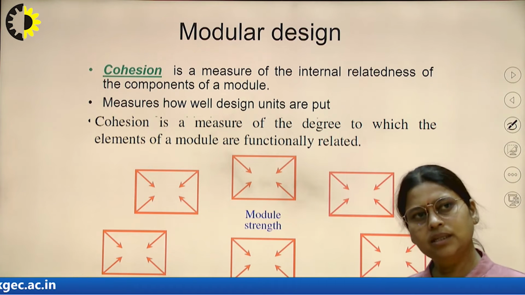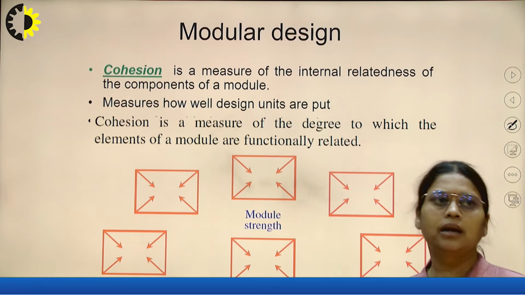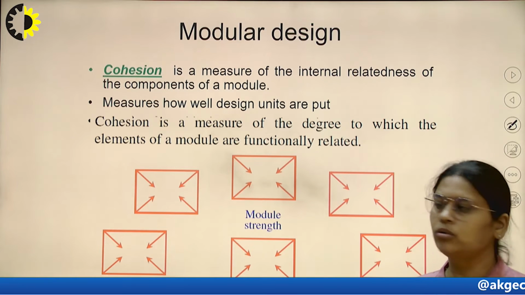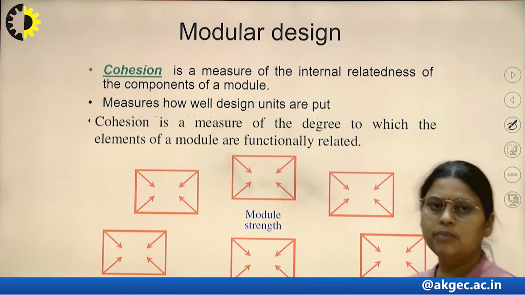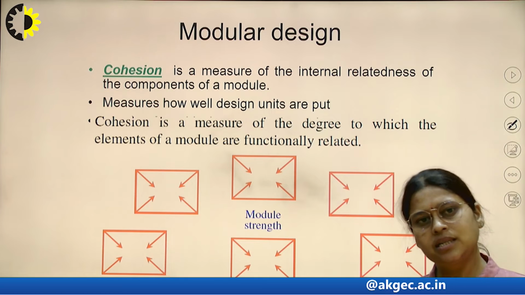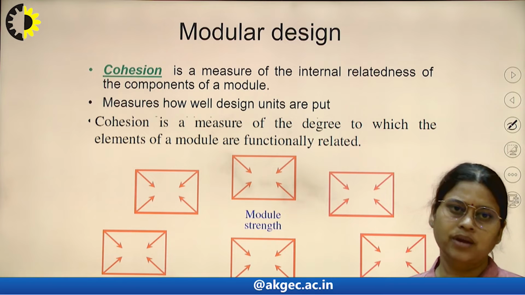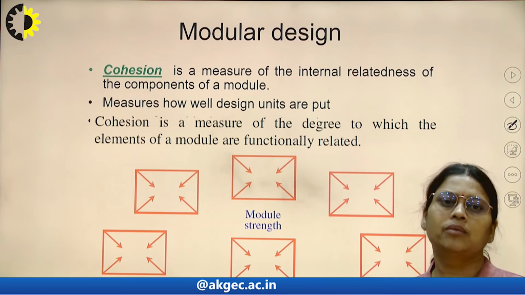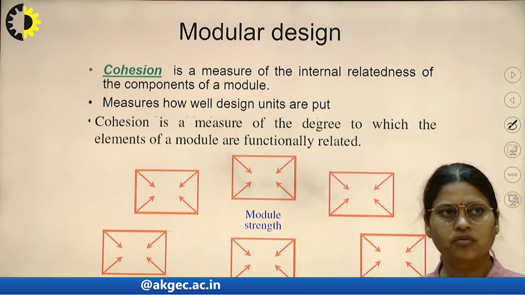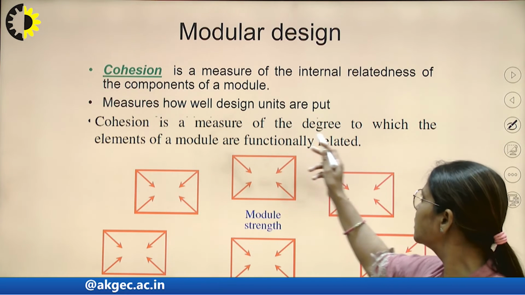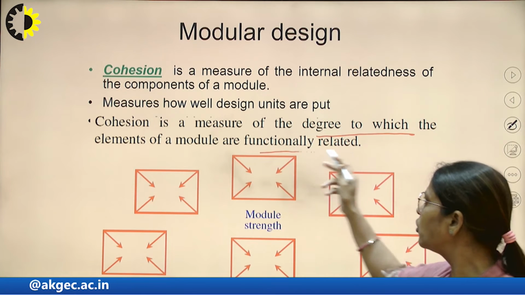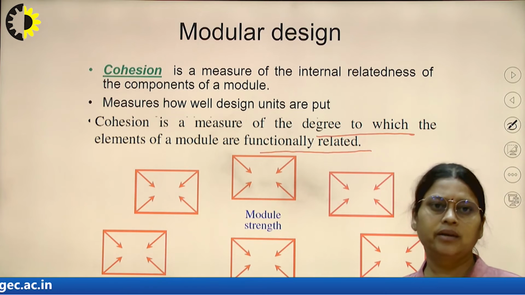Cohesion is a measure of the internal relatedness of the components of a module. It is also a dependency, but it is a dependency within the module. So it should be maximum, and we have to consider that when we design any software. Cohesion is the measure of the degree to which elements of a module are functionally related to each other.